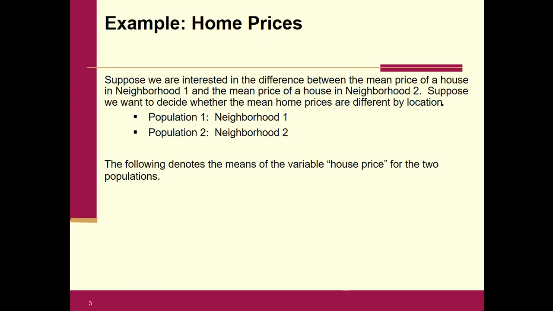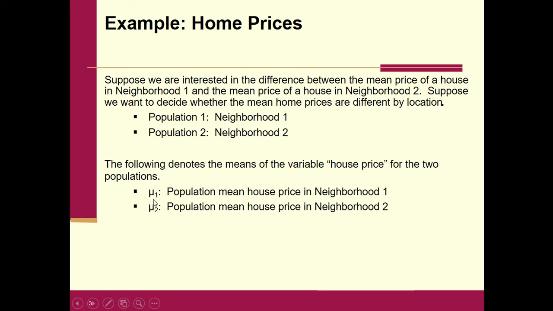All right, moving on. The following denotes the means of the variable house price for the two populations. Since we have two populations, we're going to need a mu1 and a mu2, because we're going to want to compare these two things.